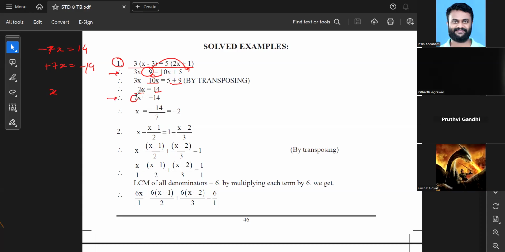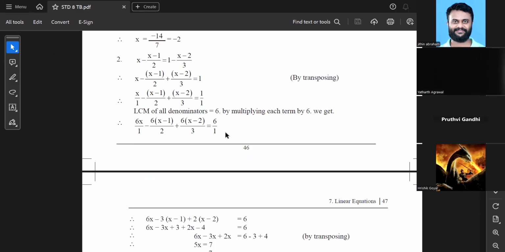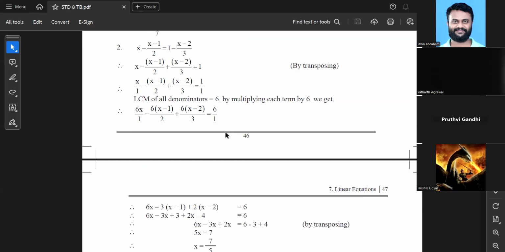Now, since the 7 is in multiplication with x, when you take it to the other side, it becomes division. Minus 14 divided by 7 gives you minus 2. So this is how you solve any particular equation. Since it was the first question, I explained it in detail. Not for all the questions will I have to explain in this much detail. I believe the first question was clear for everyone.